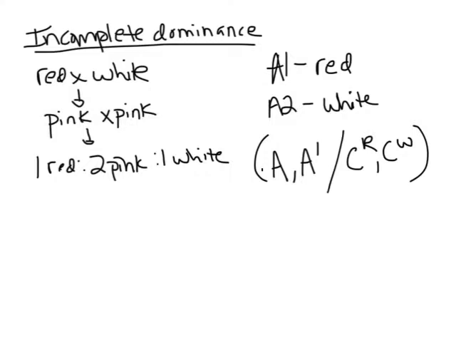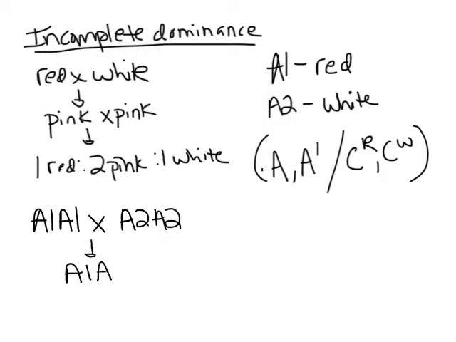So what would we see in this cross here? Red is going to be homozygous for our A1. White's homozygous for our A2. Pink is our heterozygote.